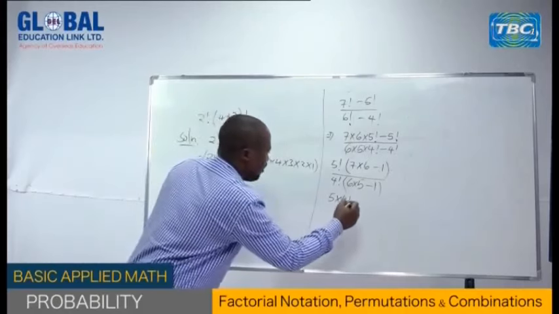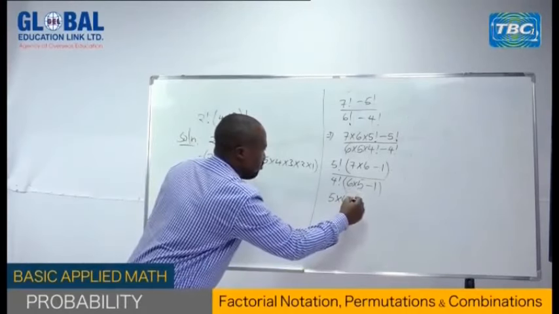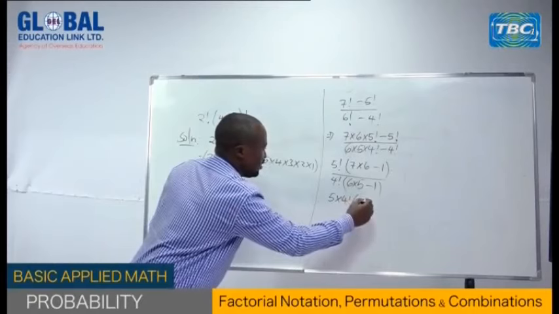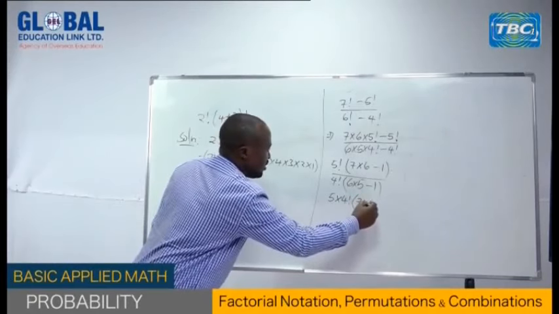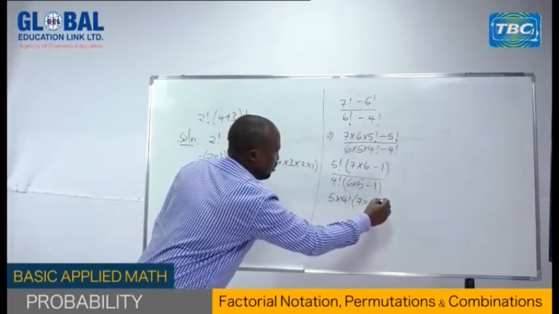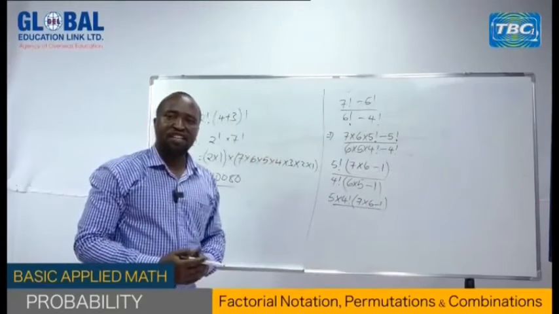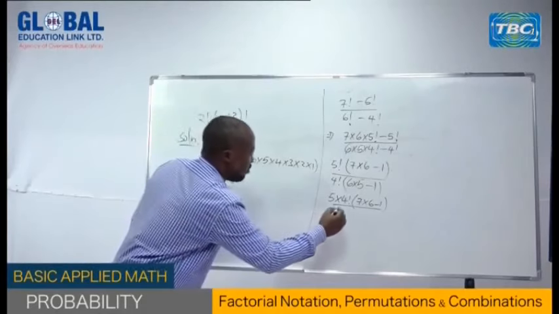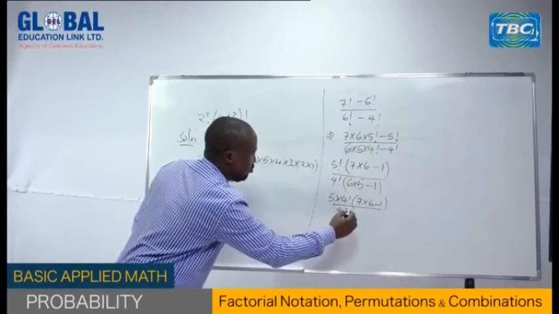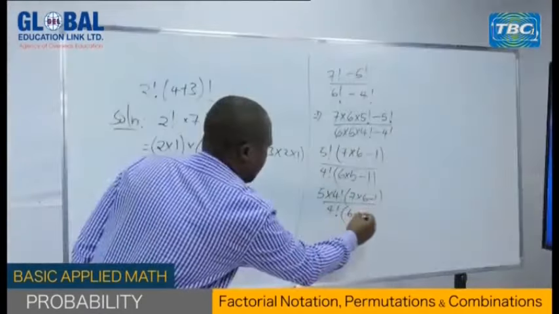So now here we have 5 times 4 factorial, bracket, 7 times 6 minus 1, bracket, over, for the denominator side, we are going to remain with the 4 factorial, bracket, 6 times 5 minus 1, bracket.